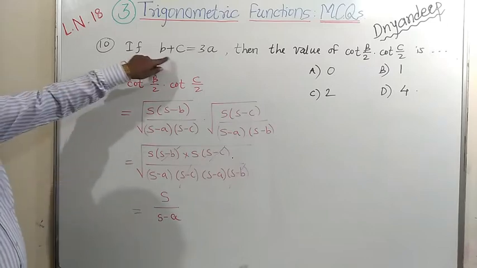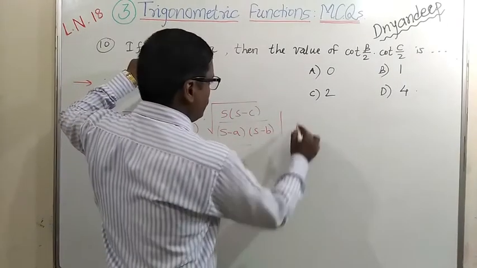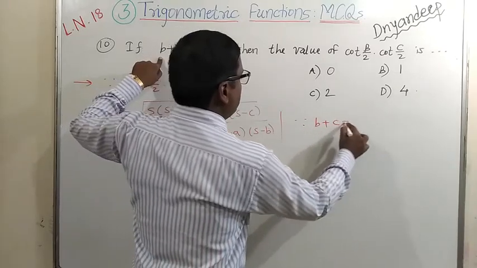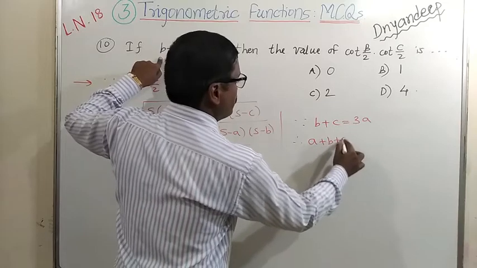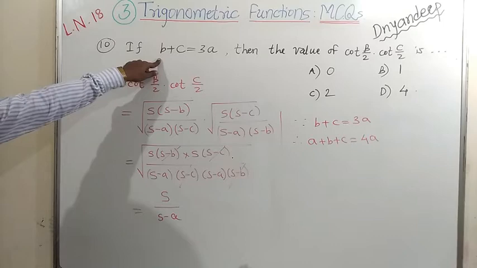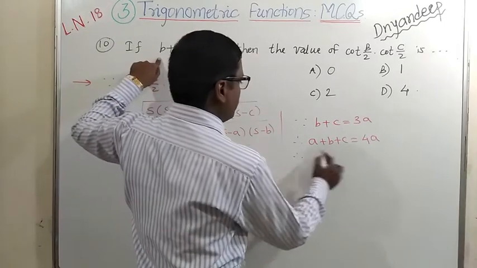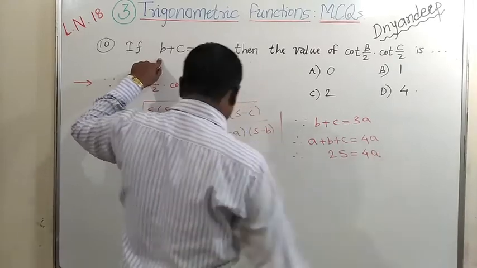Now the given is b plus c equal to thrice a. So from that given part, since b plus c is equal to thrice a, add one a to both sides, we get equal to 4a. So a plus b plus c is equal to 4a, and a plus b plus c is nothing but twice s, that is equal to 4a.